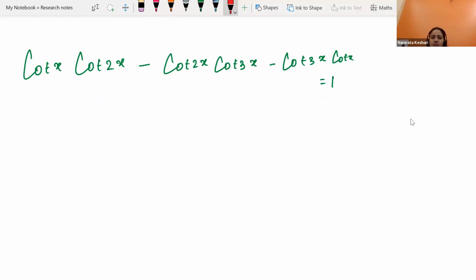What did you say? Ma'am, we can take cot into x plus 2x minus cot into 2x plus 3x. You are doing it like this, x plus 2x. Yes, ma'am. Minus cot 2x plus 3x.